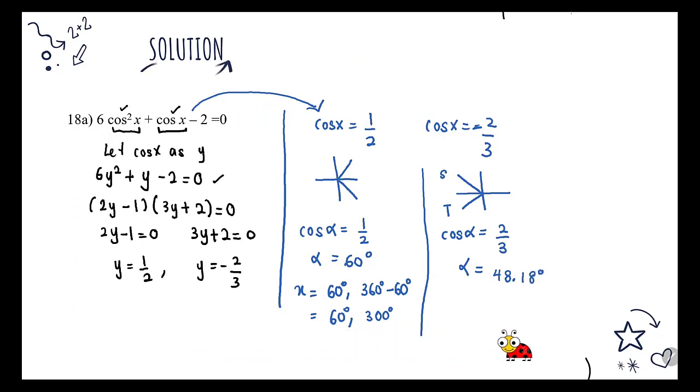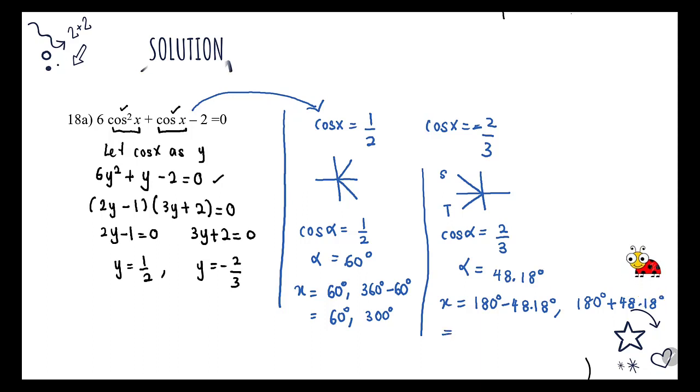48.18 degrees. Now we're going to find x. For the angle in the second quadrant, we will take 180 minus the reference angle 48.18 degrees. And for the angle in the third quadrant, we will take 180 and add the reference angle 48.18 degrees.